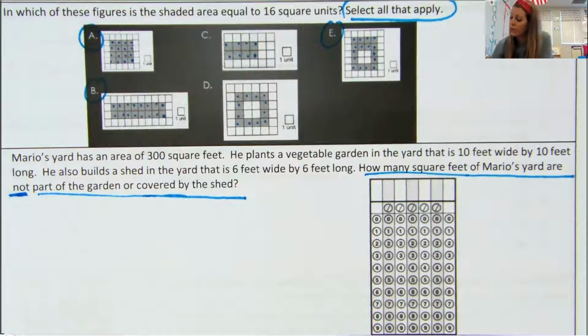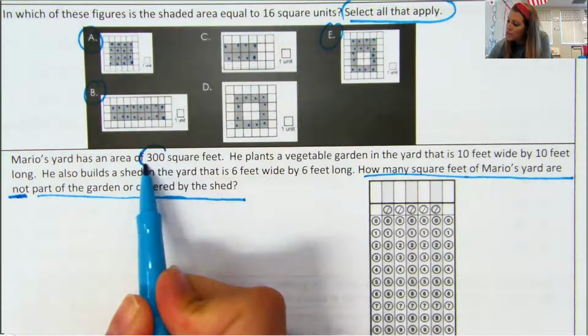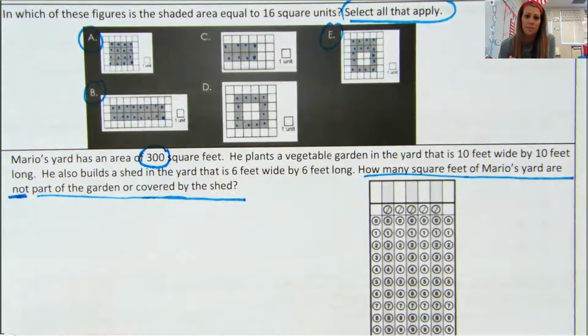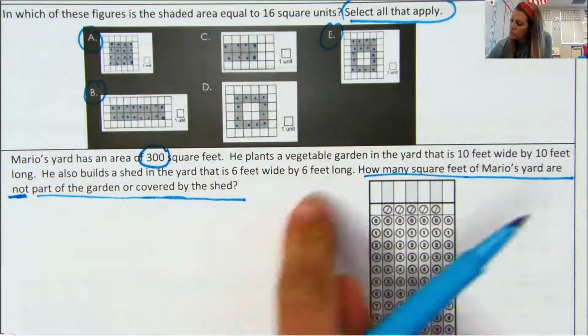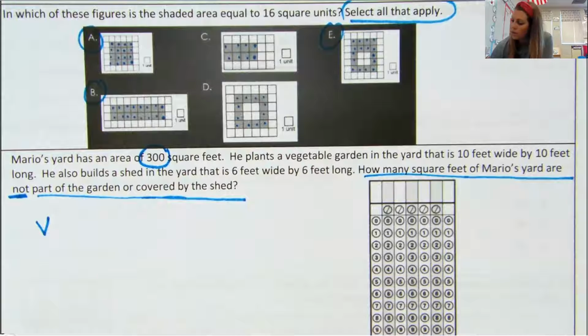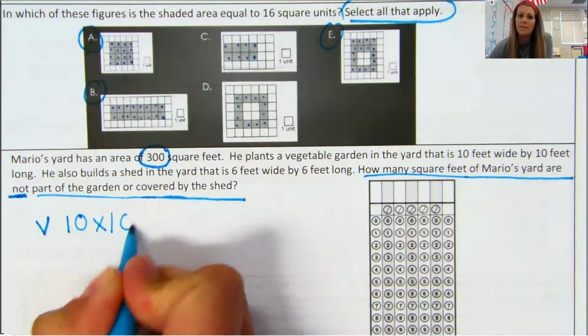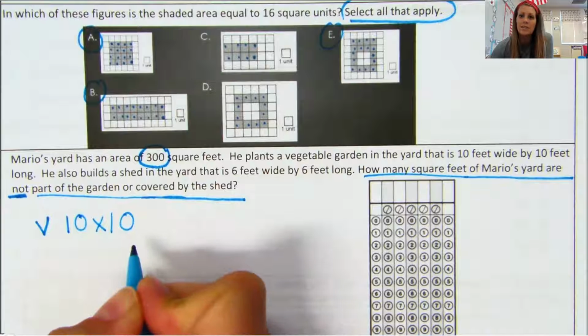Okay, guys? So if we think about this, Mario's whole yard is 300 square feet. He plants a vegetable garden. I'm going to put a V for vegetable garden. That is 10 by 10, 10 feet wide by 10 feet long.